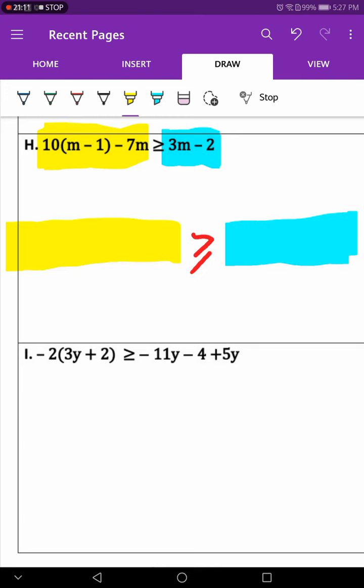I will break the parentheses here, my boys. See here, 10 by m equal 10m, and 10 by -1 equal -10.